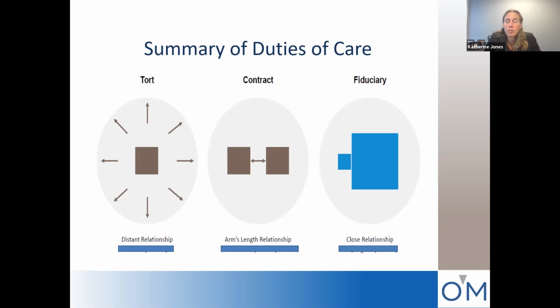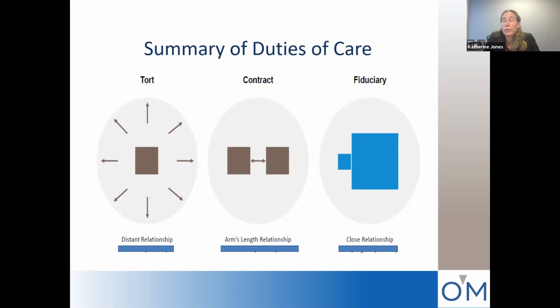And then we come to the fiduciary duty, which is the last duty that we talked about. And this is a really close relationship, one of principal and agent almost, and so you have a client and a licensed, learned professional. And so they have this asymmetry of power.